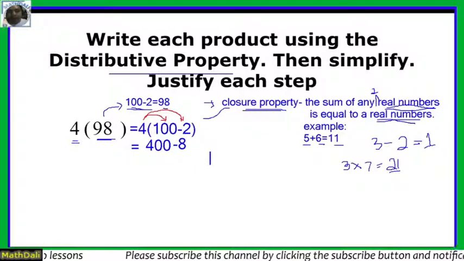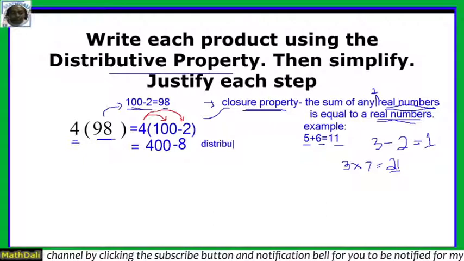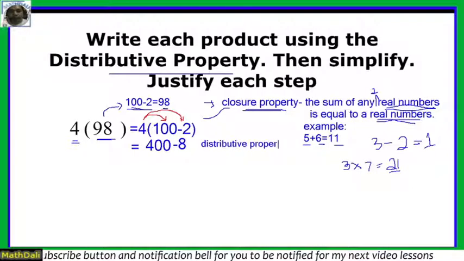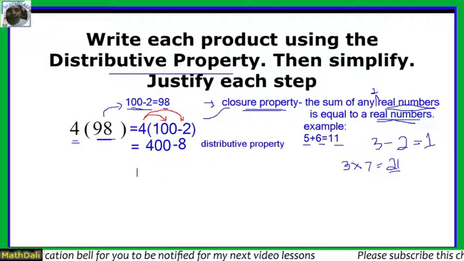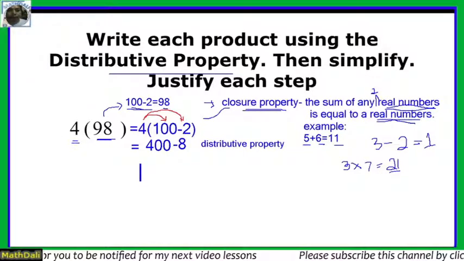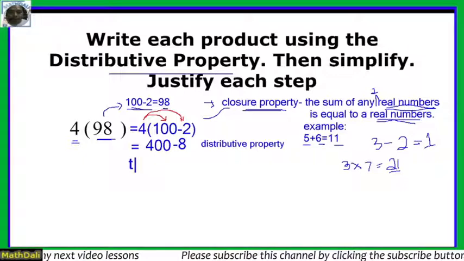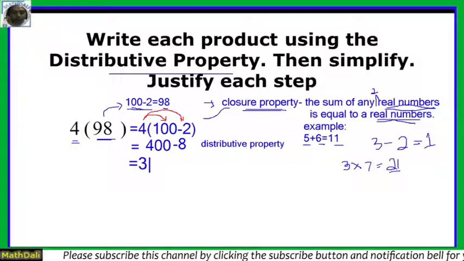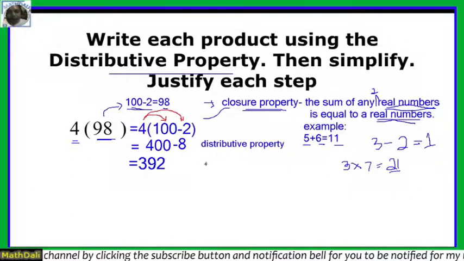Property natin dito, lagay lang natin dito. It is what we call distributive property. Simplify na natin. Lagay natin dito yung sagot. This is equal to 400 minus 8, that is 392. Ang reason, lagay lang natin yung reason dito.